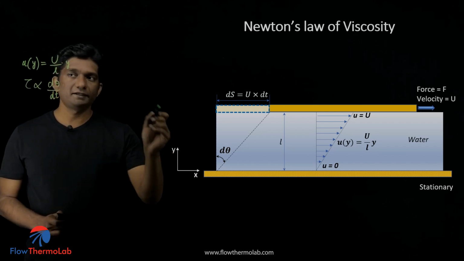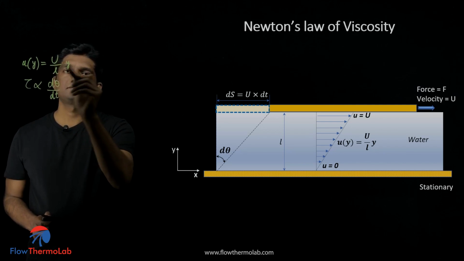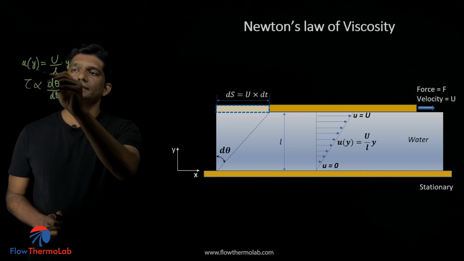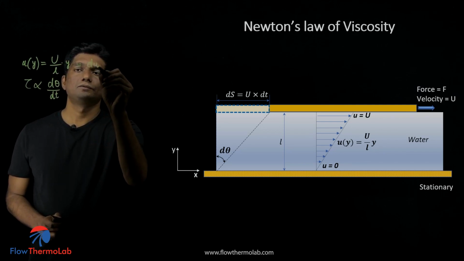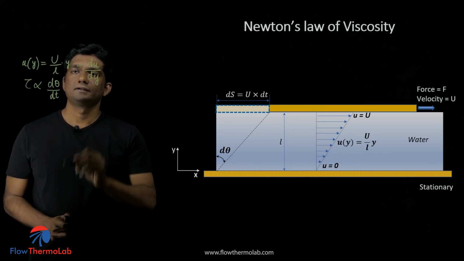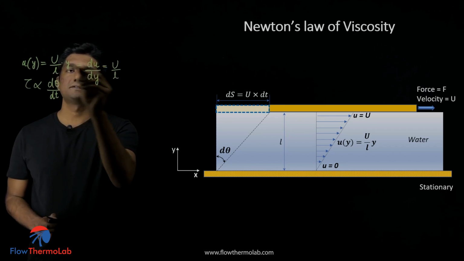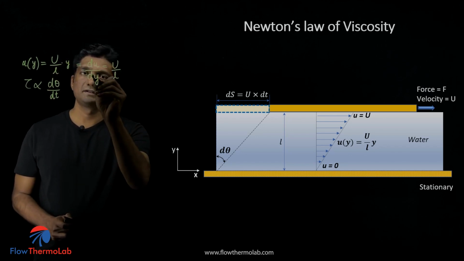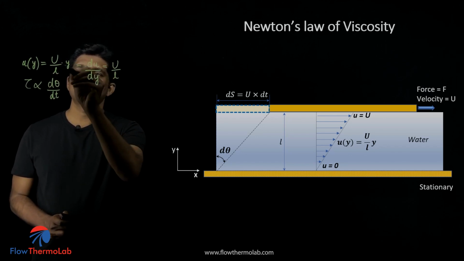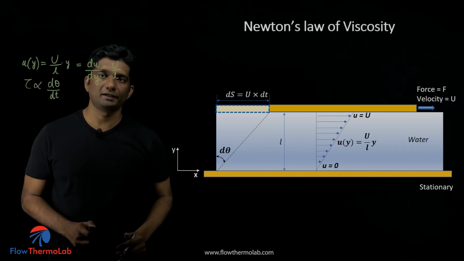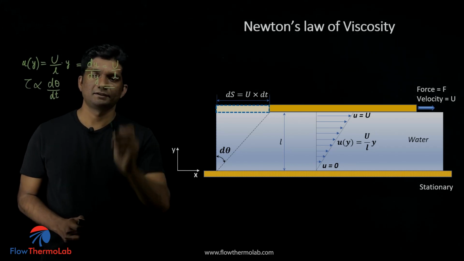And you can write from here, we can say du by dy is equal to capital U by L. This is easy, just differentiate on both sides. du by dy is equal to capital U by L. So we got this relation here.